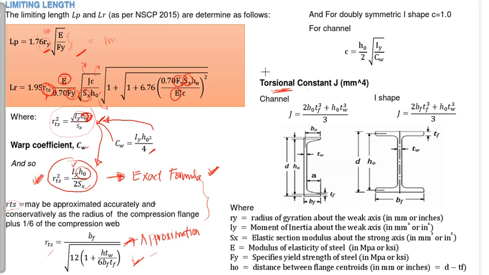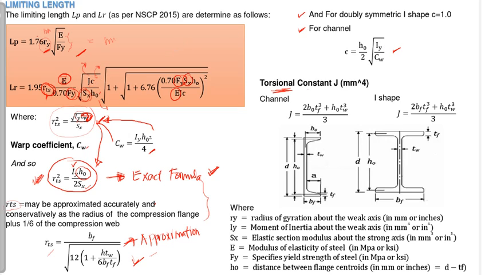And the C, what is this C? The C is actually a factor. For a doubly symmetric I-shape, our C is equal to 1.0. And for singly symmetric sections like the channel, we have this equation to solve for the value of C. Okay?